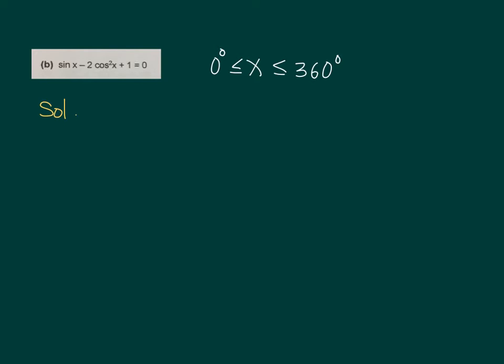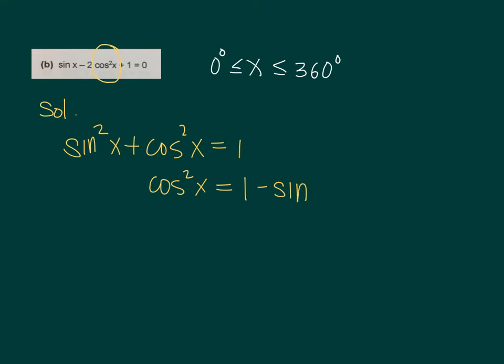I see a cosine squared x here, and I know that sine squared x plus cosine squared x is equal to 1. Because this is a true statement, this is an identity, cosine squared x is the same as 1 minus sine squared x.